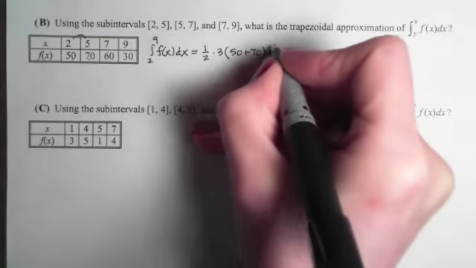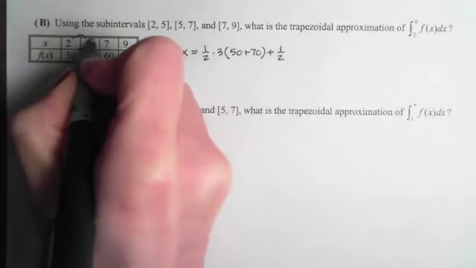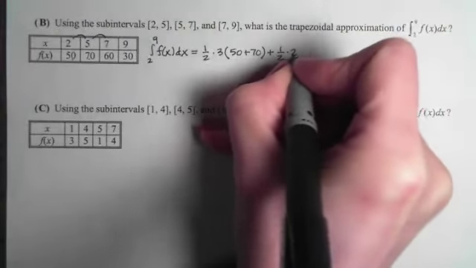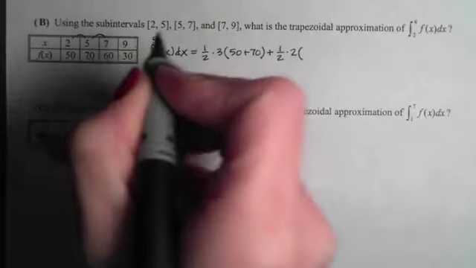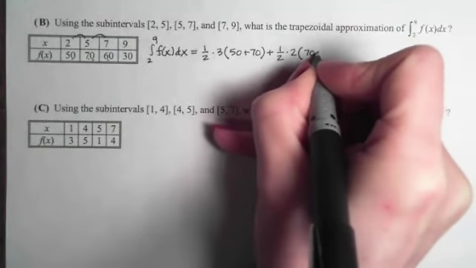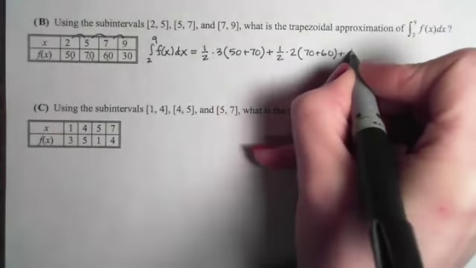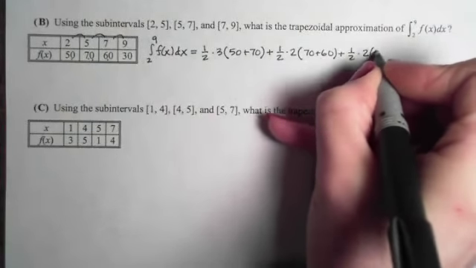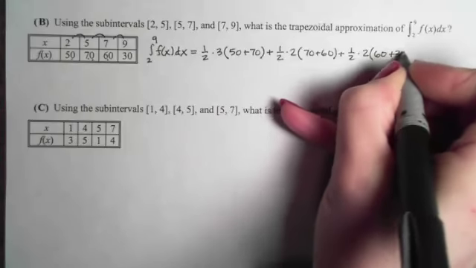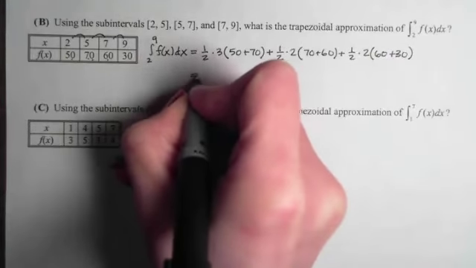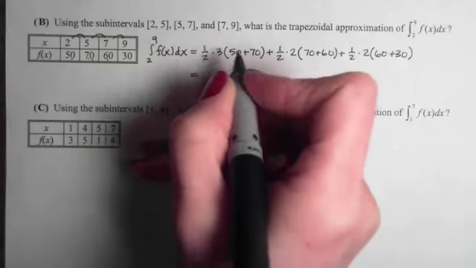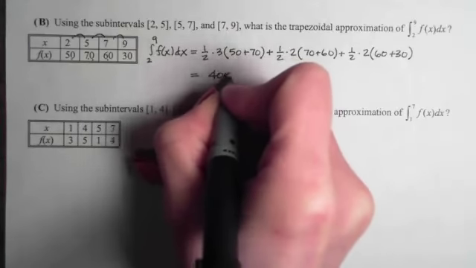Trapezoid 1. Trapezoid 2 is a 1/2 times a 2 times the sum of its bases. And my last one is a 1/2 times a 2 times the sum of its bases. Multiply that all out on your calculator. I'll trust you can put it in, and you will get 400.